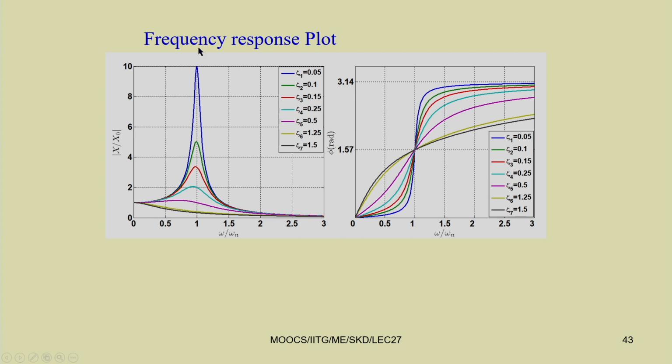At omega equal to omega n, for a system without damping, it will go to infinity, and due to the presence of damping it will be limited and you will get different maximum values of the response. This thing you already know. The maximum is at omega by omega n equal to 1 by 2 zeta.